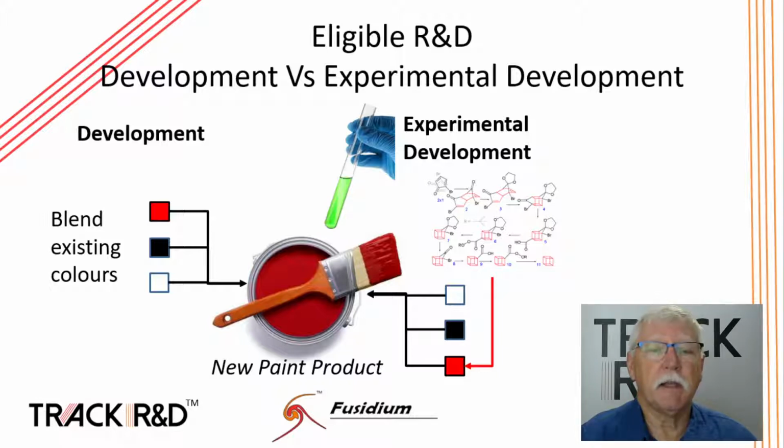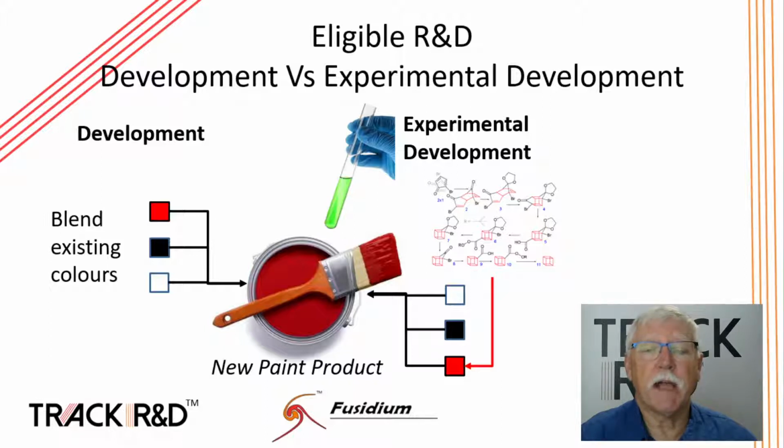The chemists within the R&D department get to work to create a number of new red dyes that are more resistant to UV radiation. Through systematic experiments, they come up with a number of candidate products that are blended together with an existing base and other existing colours through an experimental process to see, does the product stand up to UV light?